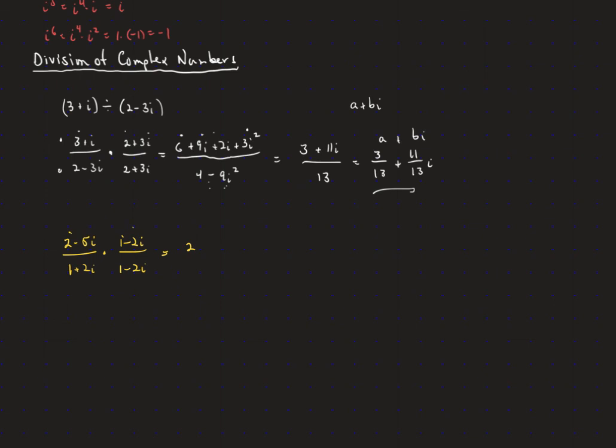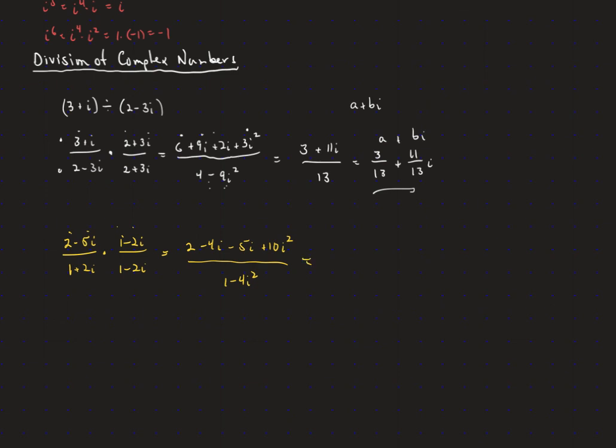The 2 times negative 2i is a negative 4i. Negative 5i times 1 is a negative 5i. And negative 5i times negative 2i is a 10i squared. In the denominator, we get the difference of two squares, the first one squared minus the second one squared.